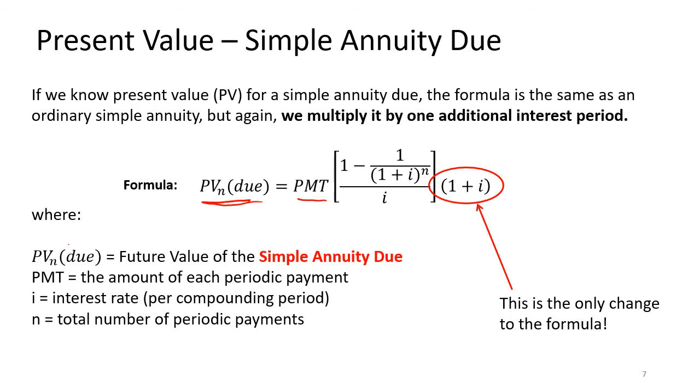But again, because it's at the beginning of the period, we have this additional 1 plus I term, and that is just adding the additional interest for that first period. Because we're actually earning interest right from the start. Otherwise, the method to calculate this is exactly the same as an ordinary simple annuity with that one additional inclusion.